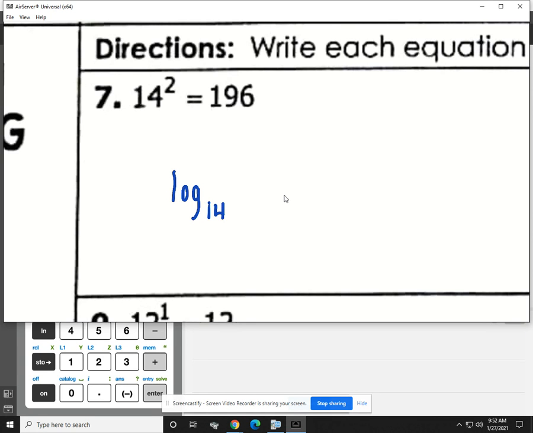And then I'm going to follow the same loop. Watch. Log base 14 of what? 196 is what? 2. So log base 14 of 196 equals 2. Same process. All you have to keep connected is the base of your logarithm, the base of your exponent, and then do the loop. Okay?